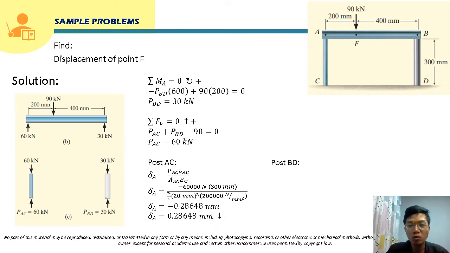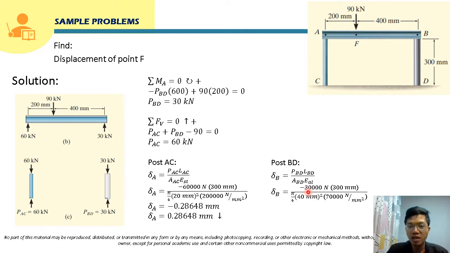Now for post BD, we are going to solve its deformation. Again, its deformation will be equal to the displacement of point B. So delta B is equal to PL over AE.